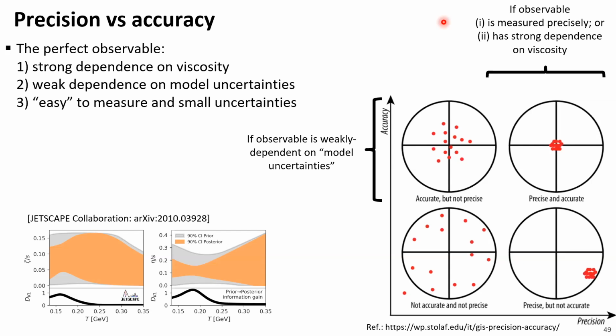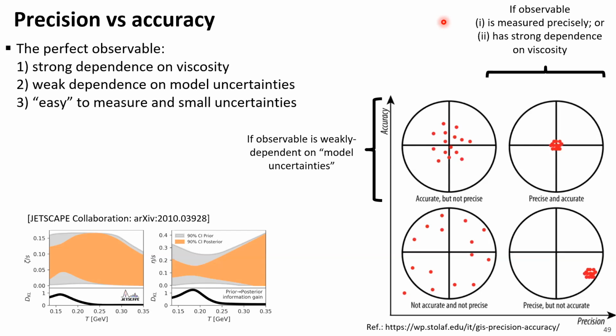I think the usual answer to your question would be, for example, you certainly expect photons to be more sensitive to early stage. And as Mike said earlier, photons are certainly a favorite topic of mine, and I think they are excellent probes.